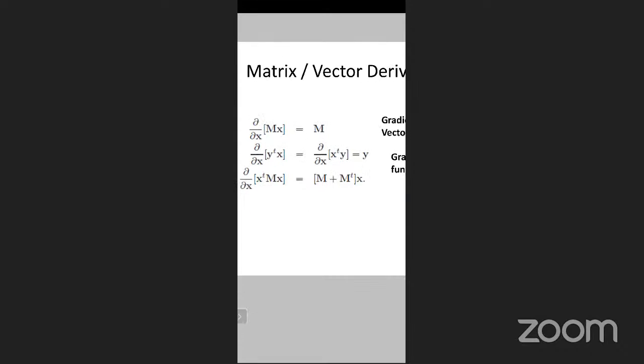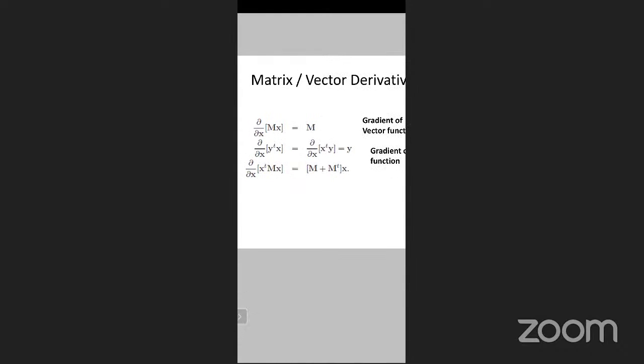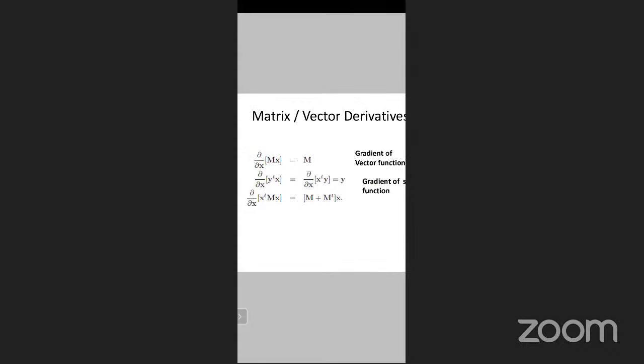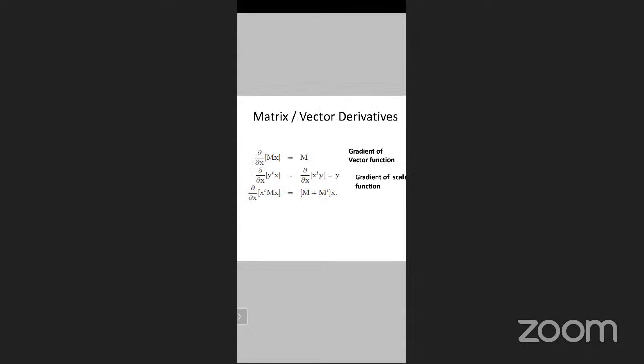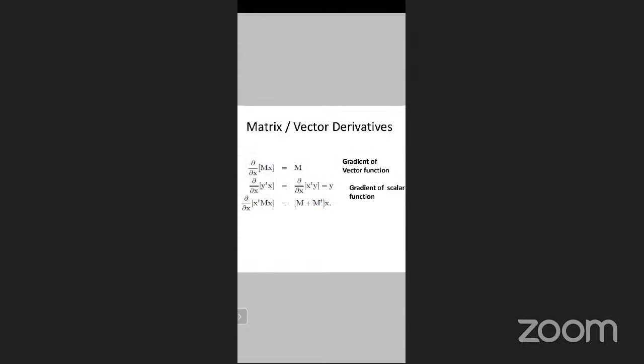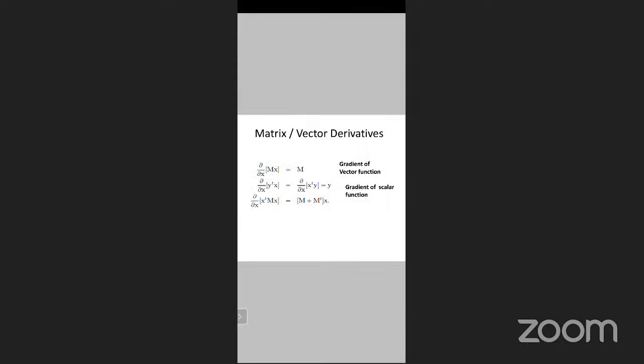What is the significance of this matrix or vector derivative? So see, I told you that there is a cost function or an empirical risk minimization, just before we left for lunch. Generally, that function is a scalar function.